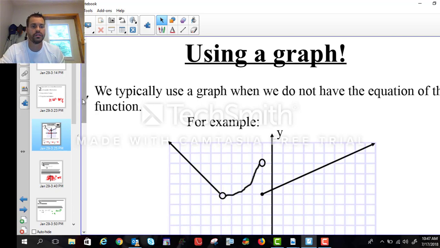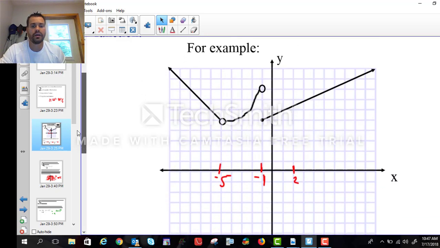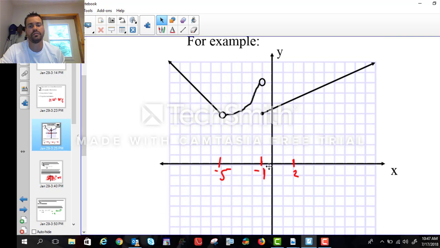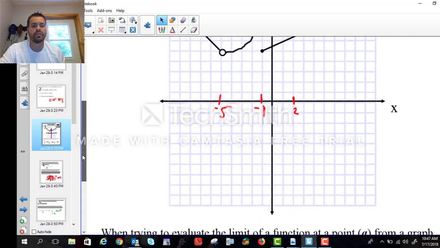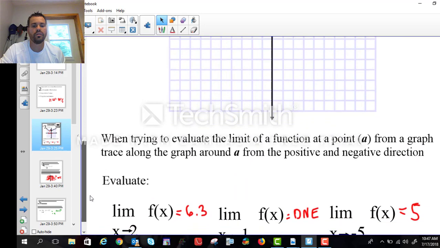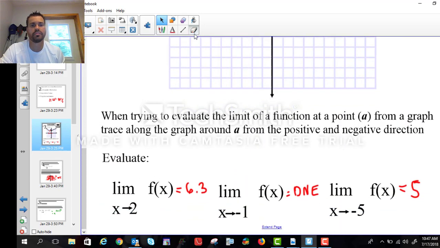So when we look at this function, if we count out our scale and assume that it's 1, 2, and so on, and back, -1, -2, and so on, then we can ask questions about what is the limit as x approaches certain things. I'm just going to erase the answers real quick, and then we're going to look at them.